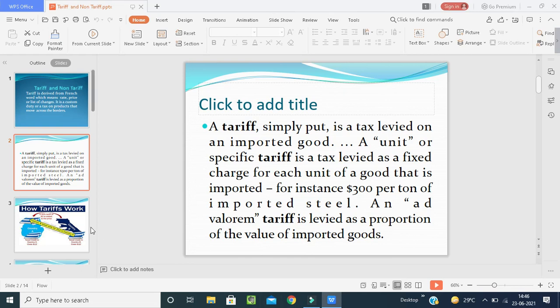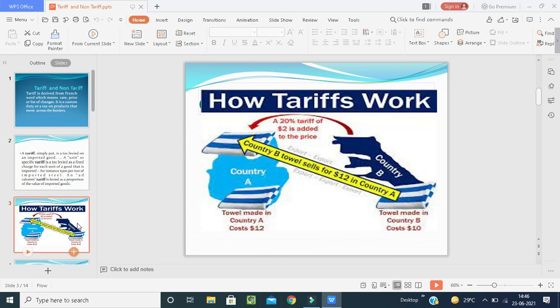Now, what is a tariff and how does it work? For example, suppose this is country A, and they make towels in country A at a cost of $12. Country B is also a country where towels are made, at a cost of $10. So what is happening? With a 20% tariff, the sale is very low.